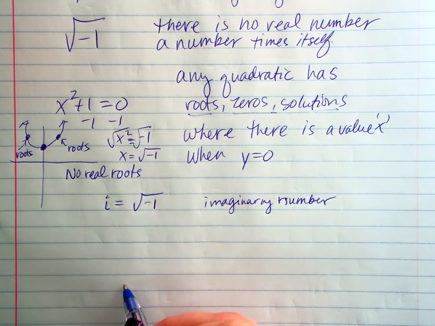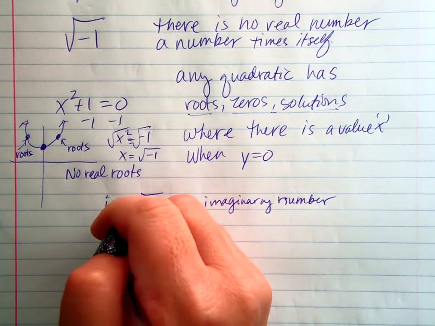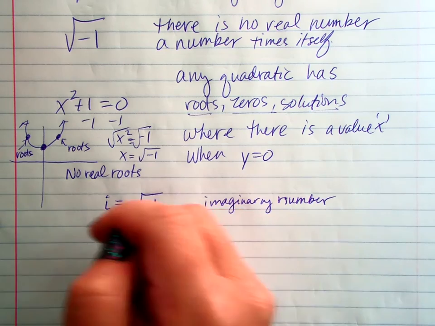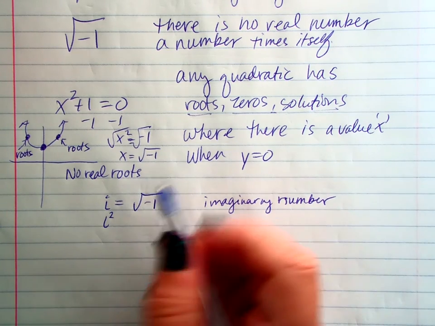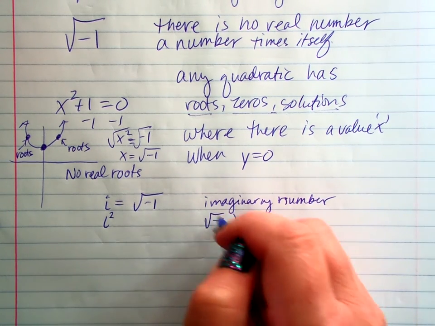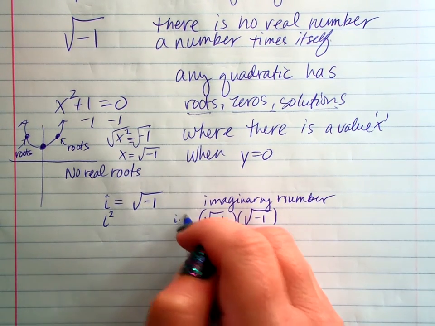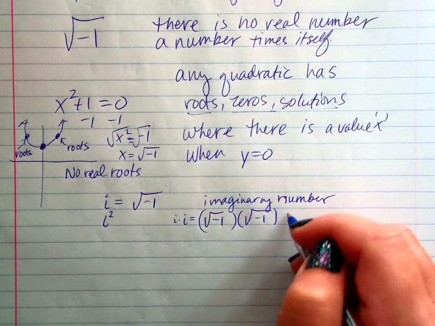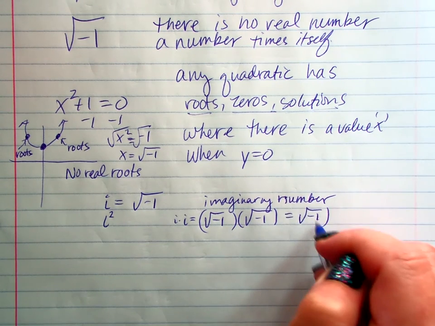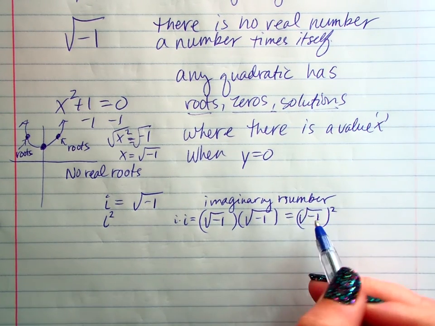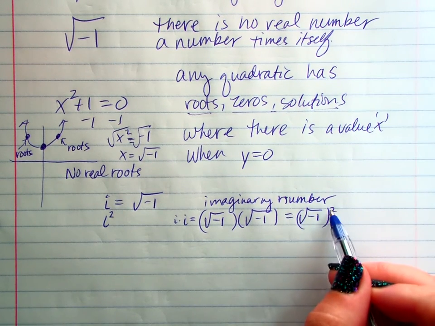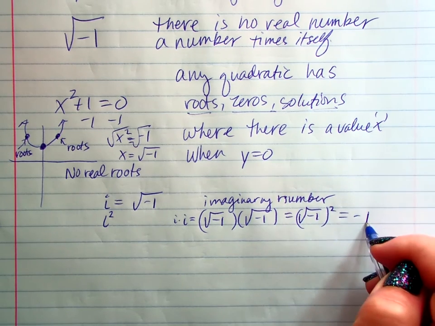Now there's a couple of definitions here that go with this. For example, i squared. I want you to imagine if I multiplied this by itself, the square root of -1 times the square root of -1, or i times i, and the square root of -1 squared, anything square rooted that is squared is just -1.